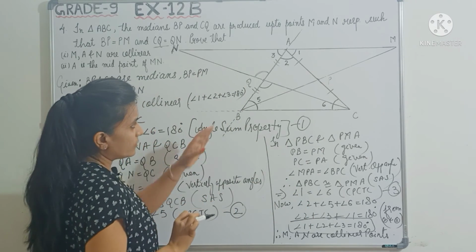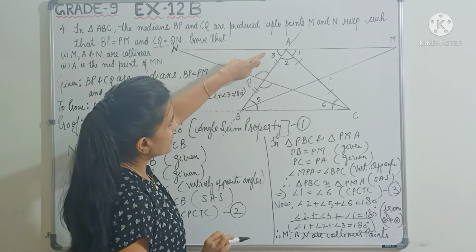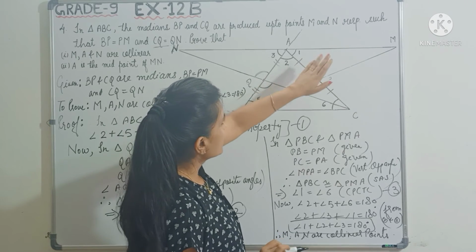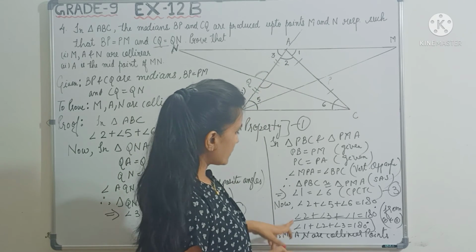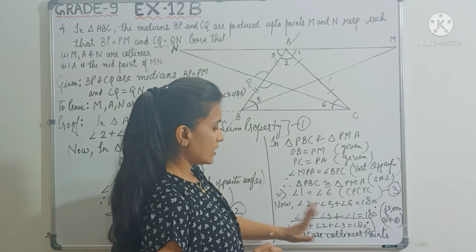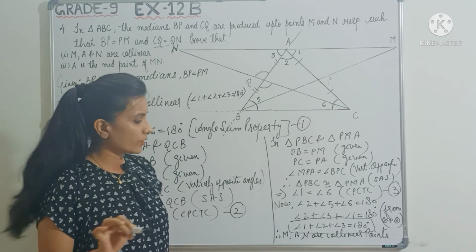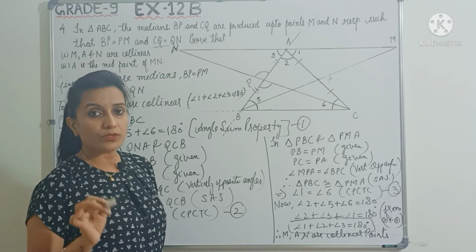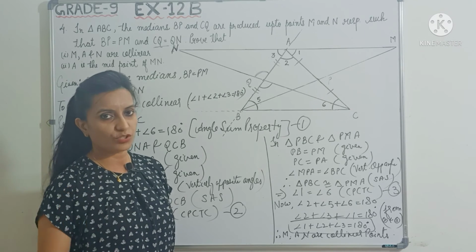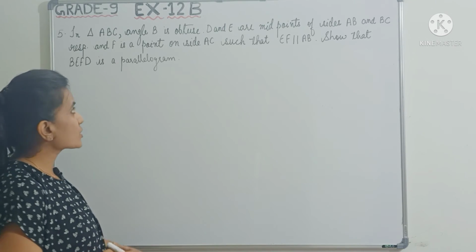Okay, and then you will replace angle 5 with 3 and angle 6 with 1 so that you get this relation that angle 1 plus 2 plus 3 is 180. Hence, M, A, N are collinear points. Alright, so I hope everyone has understood. So let's move on to the next question. Now let's see the next question.